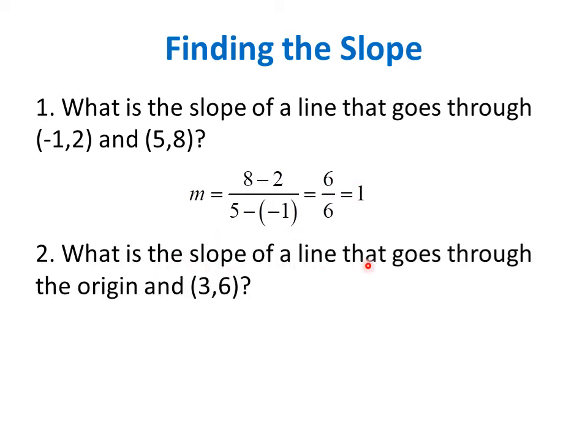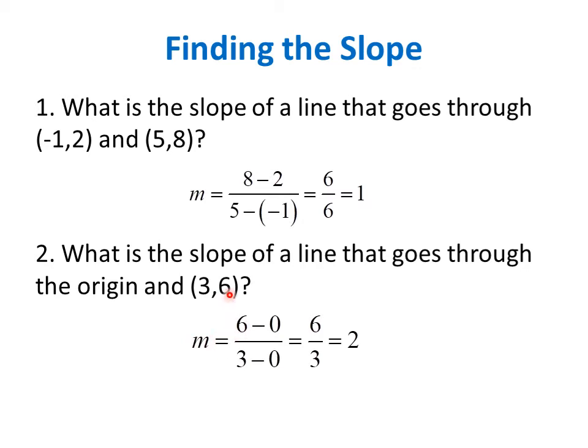What is the slope of a line that goes through the origin? We know that the origin is a point. It is represented by the xy values (0, 0), and the point (3, 6). Again, we're given 2 points, so we use the formula for slope.